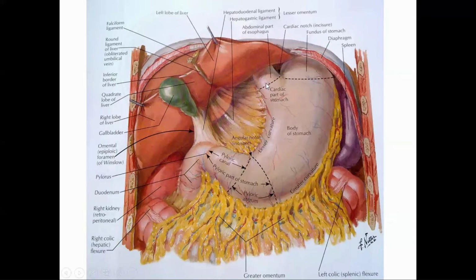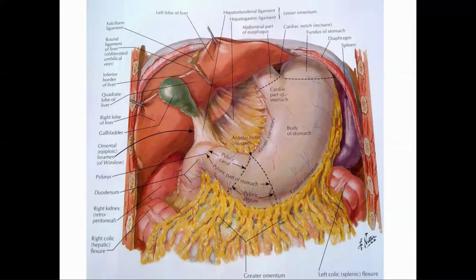What is the anterior relation of the cardiac orifice of the stomach? The left lobe of the liver. Here is the liver, divided into right and left parts by the falciform ligament. The left side of the liver is related to the cardiac orifice anteriorly, and posteriorly it is related to the left crus of the diaphragm.